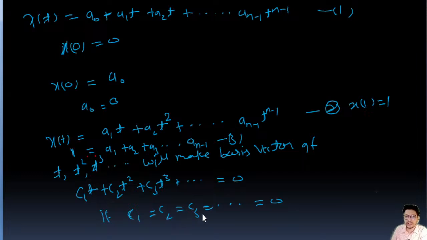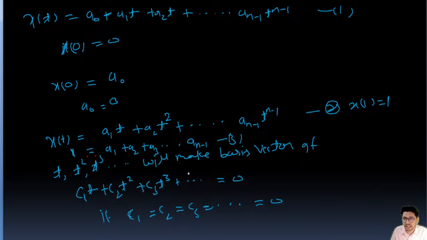But it contradicts equation 3, because we can see a1, a2, a3, this becomes 0, right? For this case, t cube will make a basis vector if this equals 0, and c1, c2 must be 0.